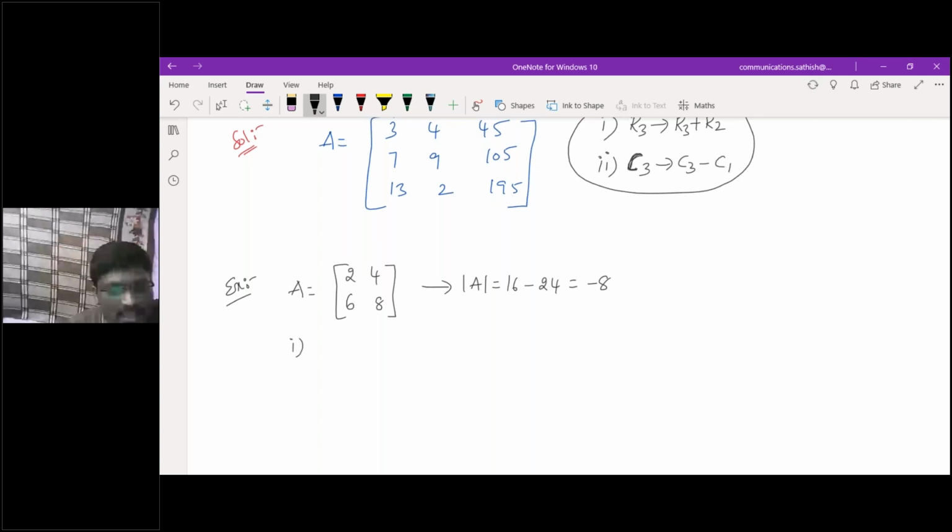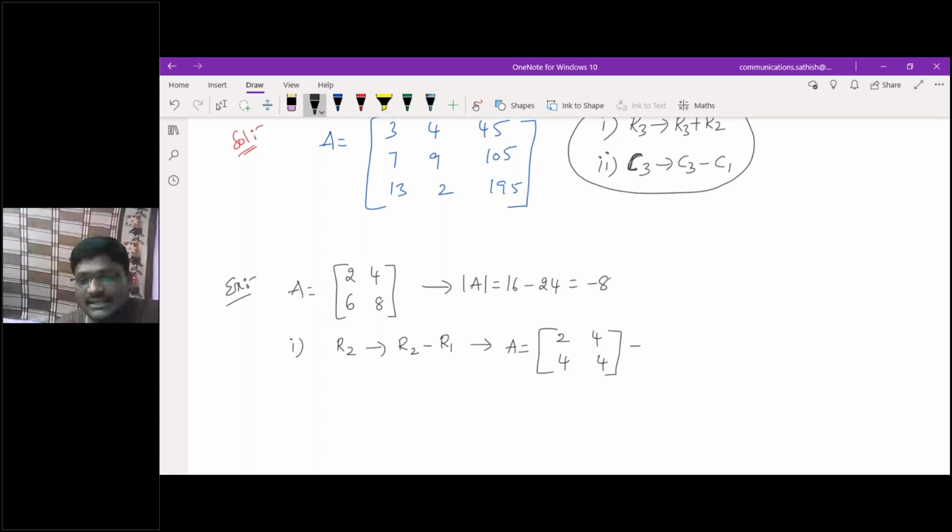First, I will do R2 as R2 minus R1. What will I get as matrix A? 2, 4, and R2 minus R1: 6 minus 2 is 4, 8 minus 4 is 4.